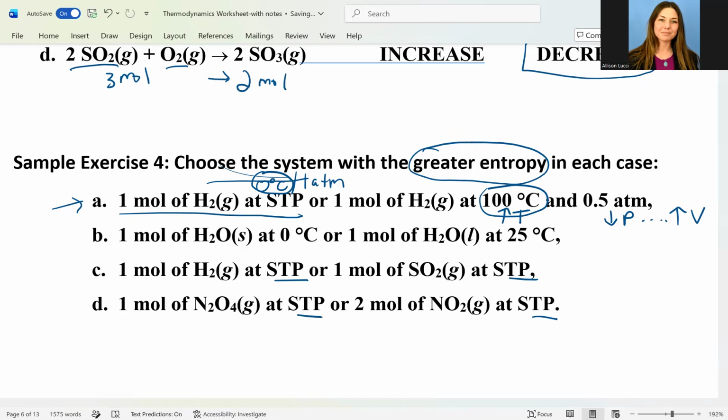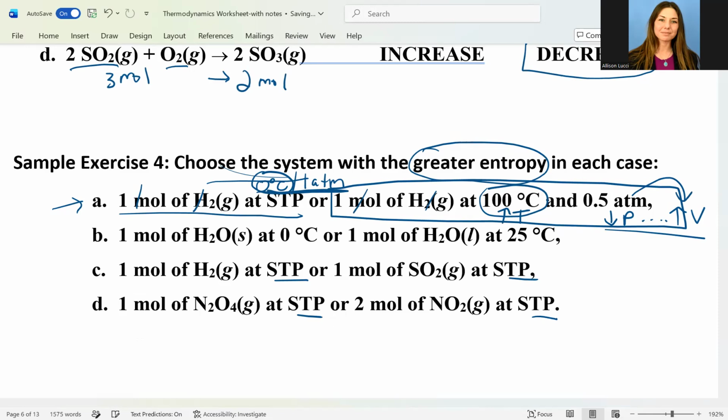So when you decrease pressure, so we went from 1 atmosphere to half an atmosphere, we have also increased volume. So if we want to know which conditions would have a greater entropy, we'll go with the higher temperature and the increased volume. So 1 mole and the same structure, H2, we can't compare those, right? So these are the same. So what we have to compare will be temperature and pressure. But really, the pressure we can't really think of directly. We have to kind of equate that to the inverse volume relationship.